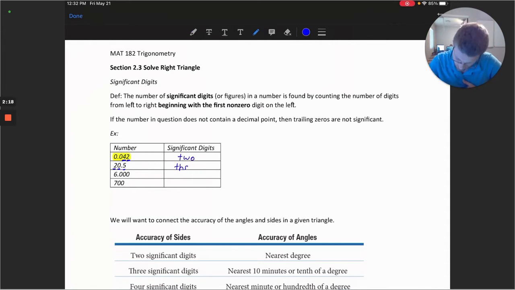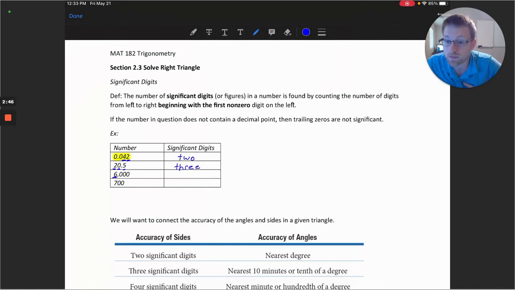All right, let's take a look at the next one. The third number, we have 6.000. Now, we know that the 6 is non-zero, that's significant, and then we have a decimal and 3 zeros after it. So if I want to count from left to right the number of significant figures, we want to begin with, again, the first non-zero digit.